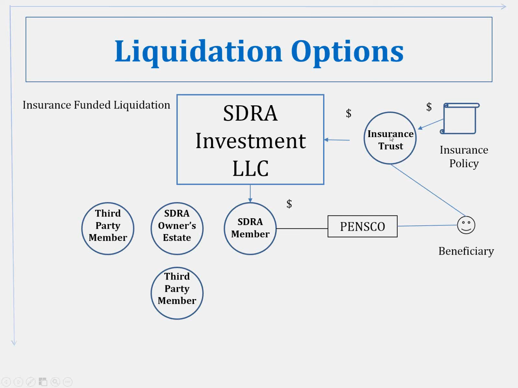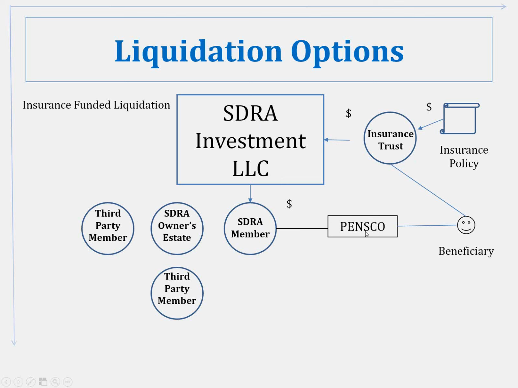So the insurance trust, at the death of the IRA owner, owns this policy, receives the policy proceeds, and makes the claim on the policy. All right? And then it purchases an interest in the LLC itself using that money. Well, that's extra cash that the LLC can use to liquidate the interests of the members that are being redeemed.